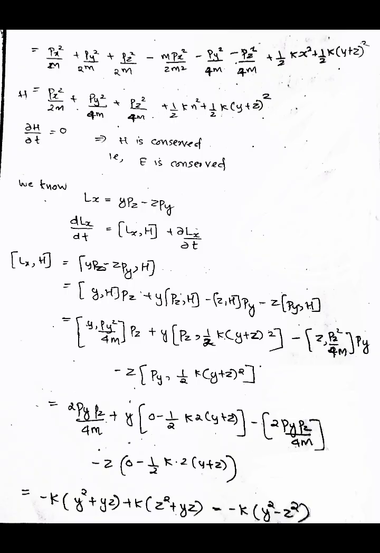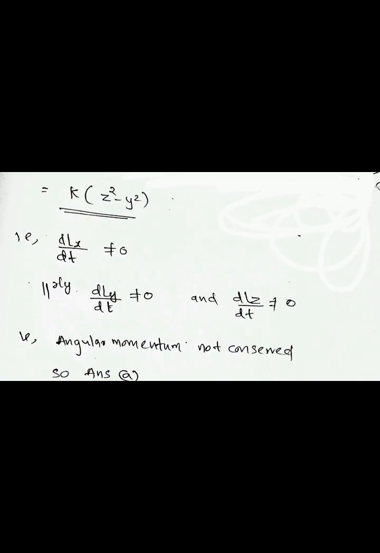So this can be written as 2 py pz by 4m plus y into 0 minus half into k into 2 into (y plus z) minus 2 py pz by 4m minus z into 0 minus half into k into 2 into (y plus z), that is minus k into (y square plus yz) plus k into (z square plus yz), which is equal to minus k into (y square minus z square). This is equal to k into (z square minus y square).